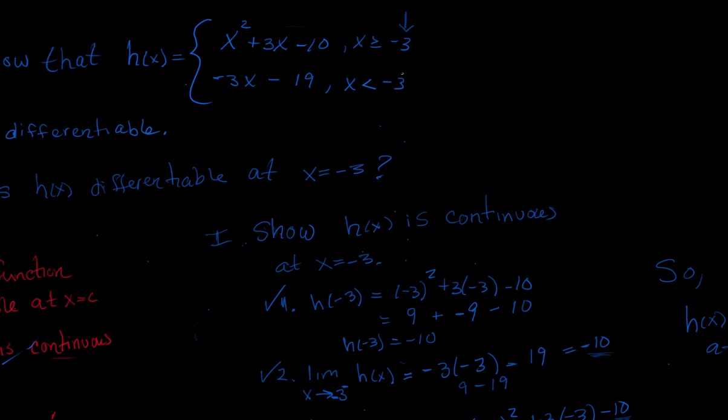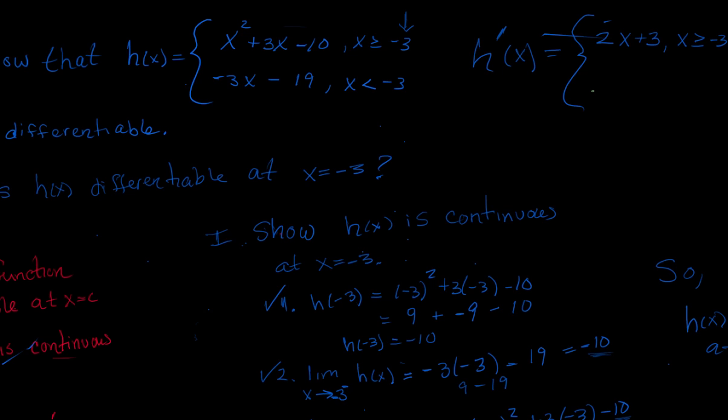Alright, so if h of x is given by this piecewise defined function, then finding the derivative is not so hard. The derivative of h of x will be, we just take the derivative of each piece. The derivative of x squared plus 3x minus 10 is 2x plus 3 when x is greater than or equal to -3.